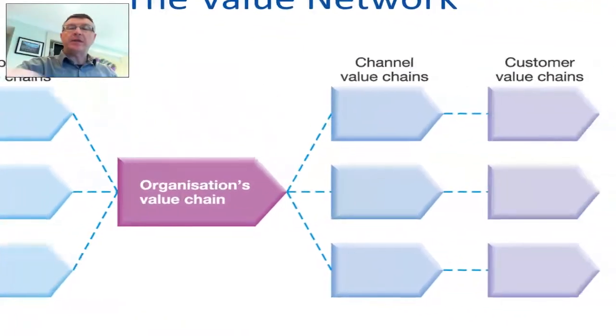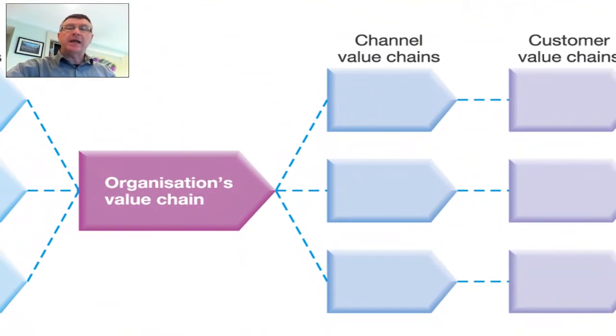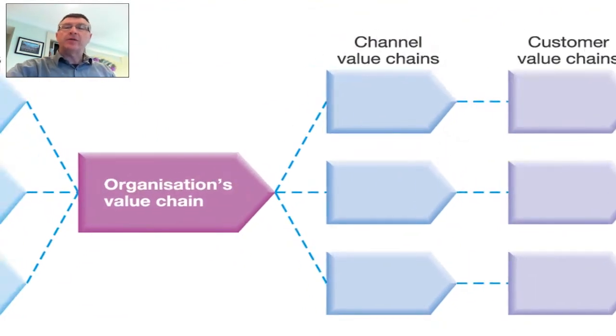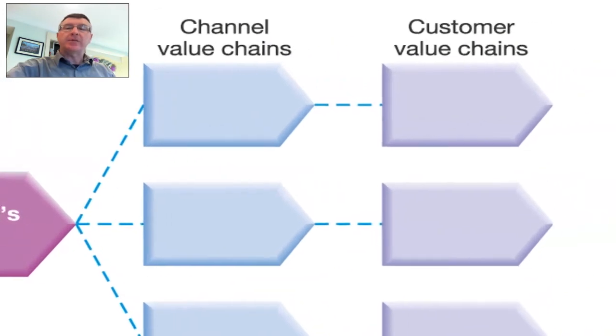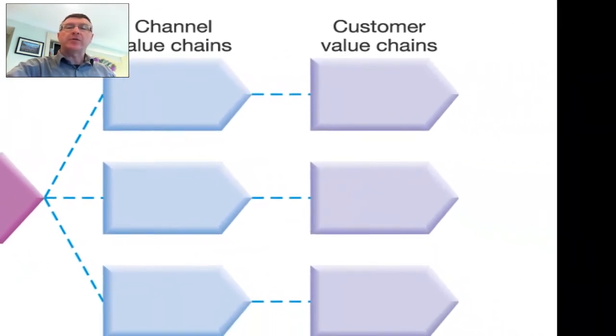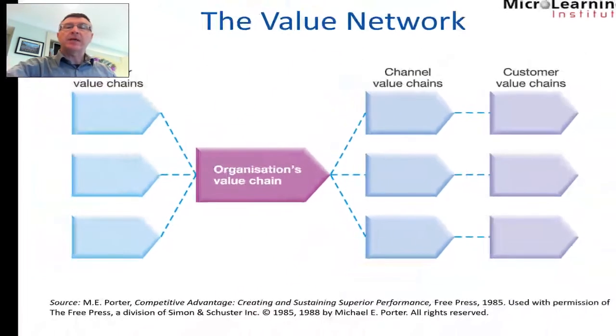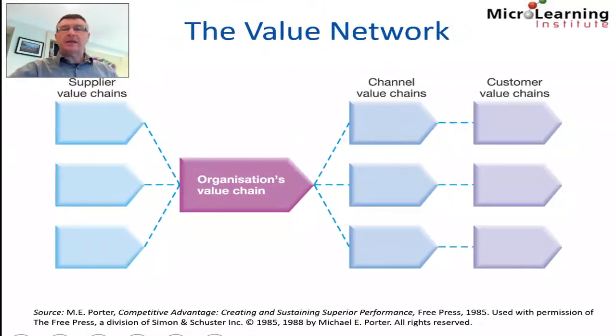And the organization sells its products into a number of different channels, each of whom has their own value chain. And consequently, from those channels, final customers purchase these products. And of course, these customer businesses equally have their own individual value chain. So all of these individual company value chains add up to what Porter referred to as a value network of activities.